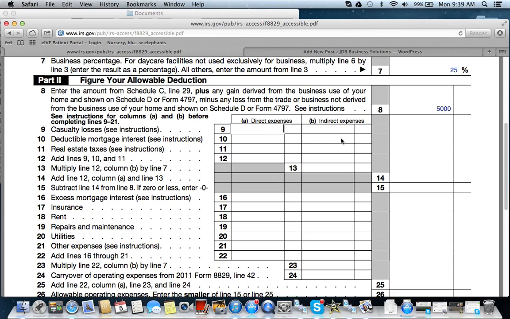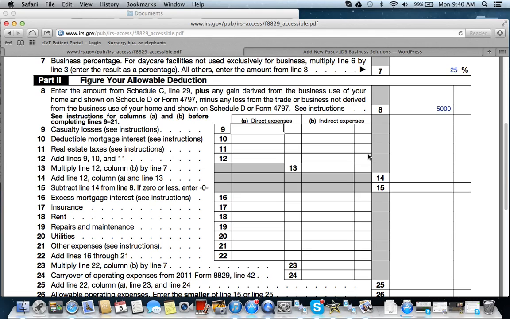Okay, we're going to come down to lines 9 through 12 here. And for the rest of these, they're going to divide it into 2 columns. You can see column A is direct expenses, and column B is indirect expenses. And this is an area that a lot of people get wrong when they try to fill out this form themselves. So to tell you the difference here, direct expenses are expenses that you had directly with your office.